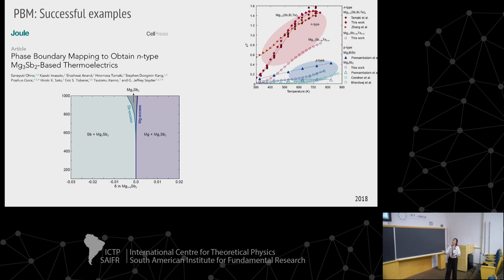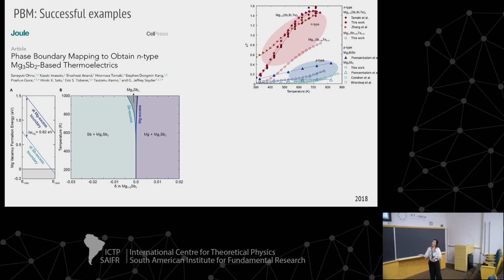And with the phase boundary mapping technique, Professor Snyder and Ohno, and this is the first paper where the name phase boundary mapping appeared, were able to explain why or how you can obtain n-type conductivity in this material. So basically, the persistent p-type conductivity is due to manganese vacancies, which are very common in this material.